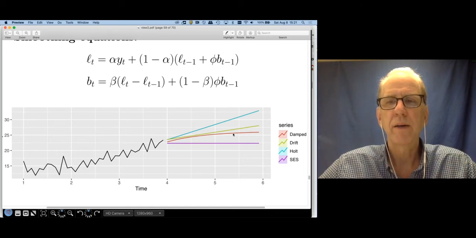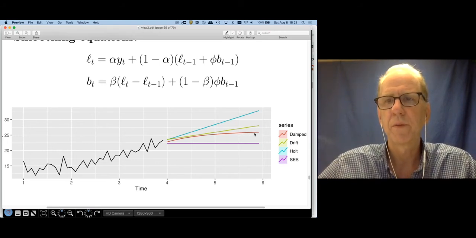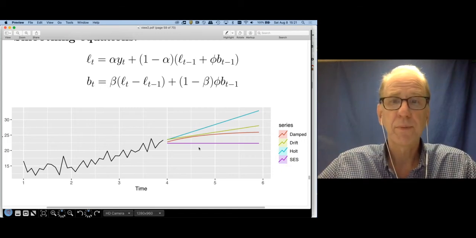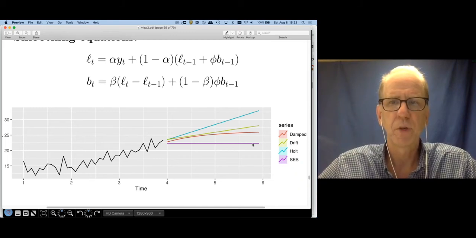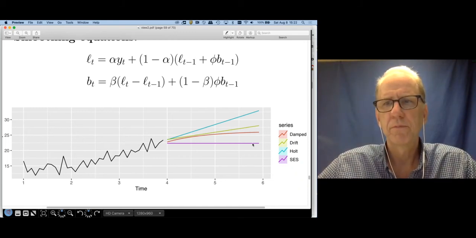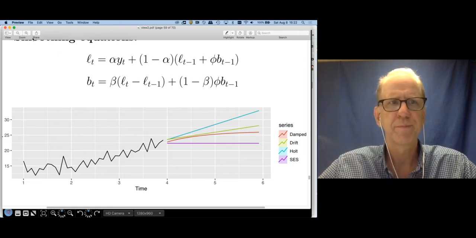I think it's kind of clear that this is approaching a limit based on the math that I just did, while the simple exponential smoothing method makes no attempt to capture any trend, and it's just flat. So I think this picture should make the difference between the damped trend and a normal Holt linear trend model very clear.